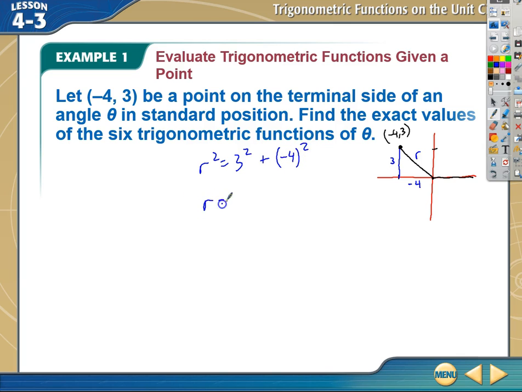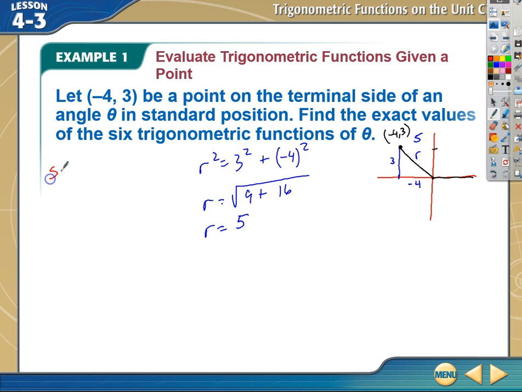So r is equal to the square root of 9 plus 16, which is equal to the square root of 25. Or r is just equal to 5. Great. So when r is equal to 5, now I have the information I need to get my 6 trigonometric functions.